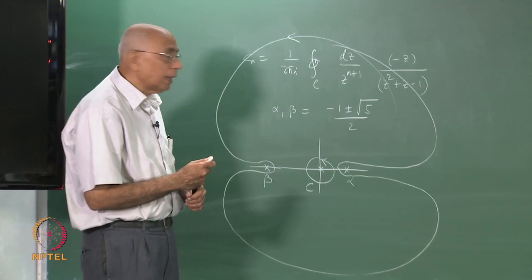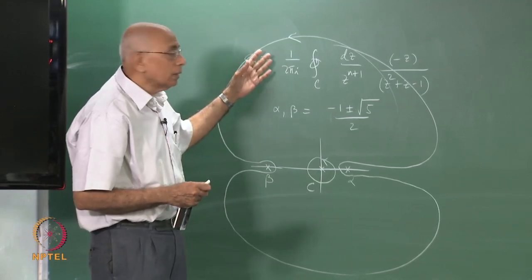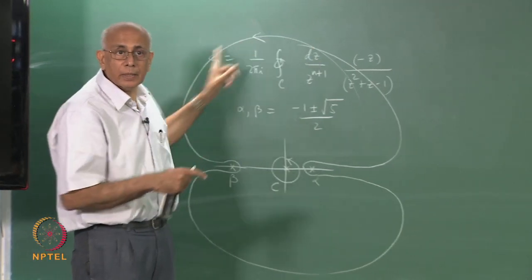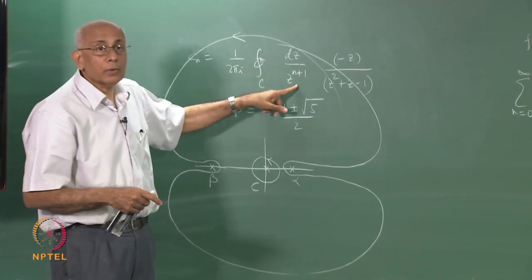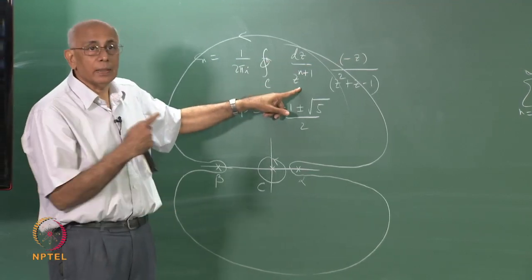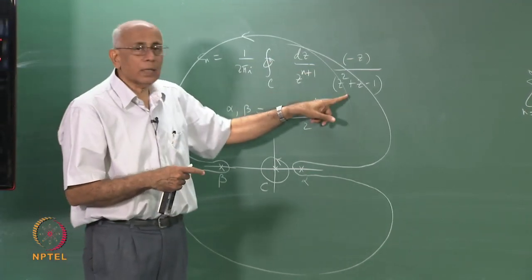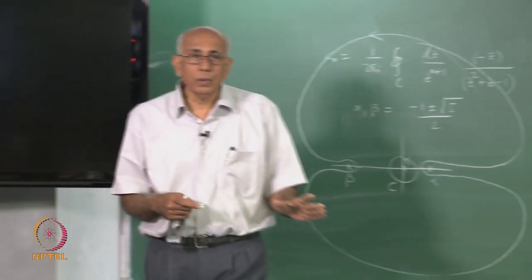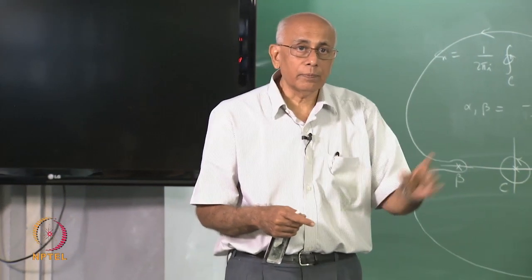You have to worry about the behavior of this function at infinity, but at infinity this is going to go like capital R, the radius of this circle. This is an r to the n plus 1, so this over this, there is an r here and r to the n here sitting here, and then there is an r squared sitting here. So the whole thing is actually going to go to 0 as r tends to infinity.